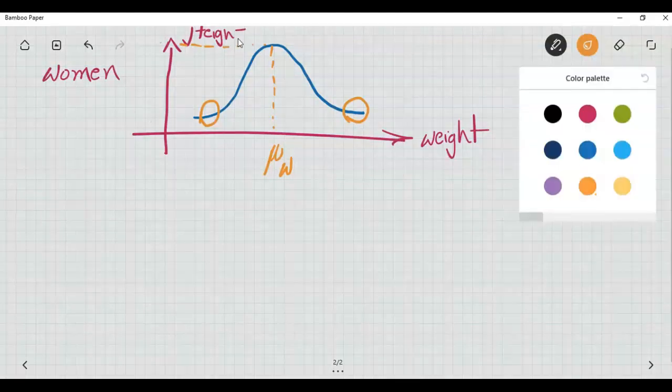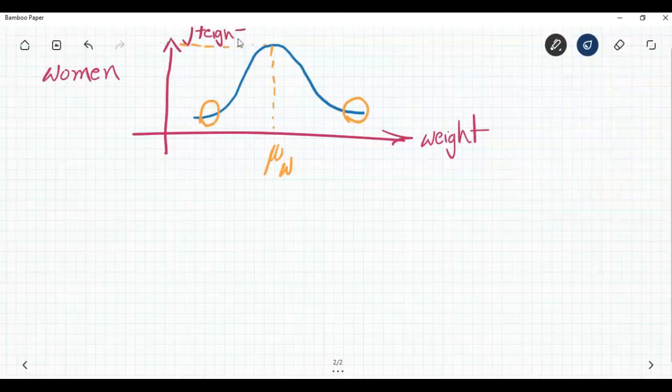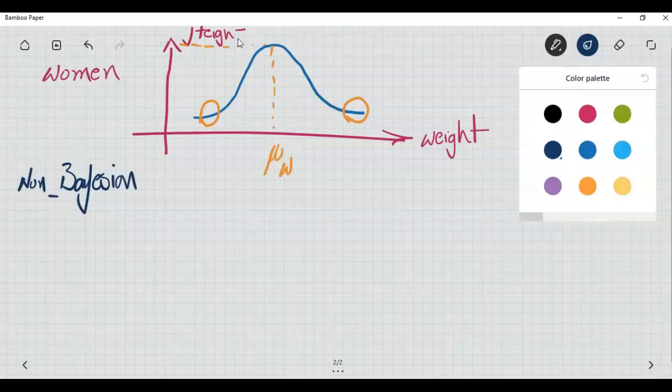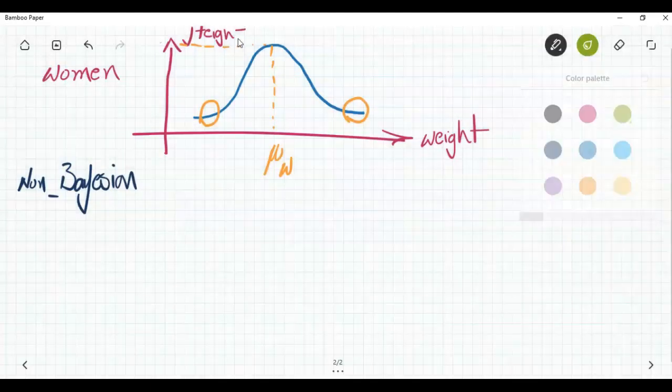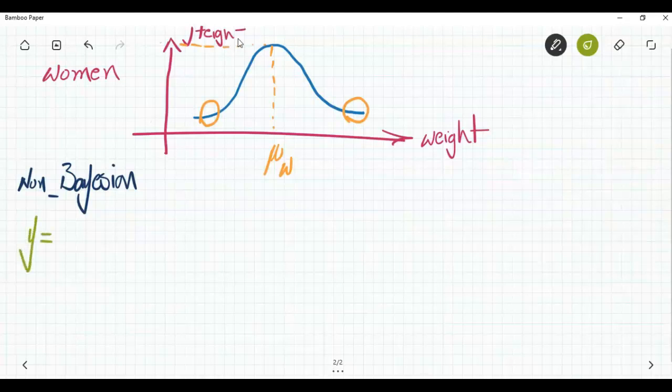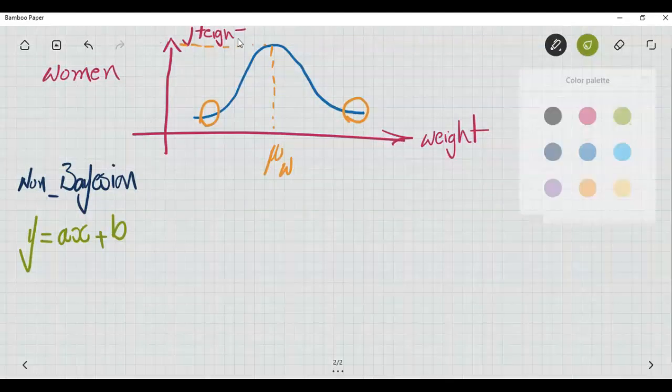In the previous discussions, we talked about what I'm going to call a non-Bayesian framework. In that framework, we said that we want to follow the simple expression y equals ax plus b, mimicked by the heights and weights of those women.